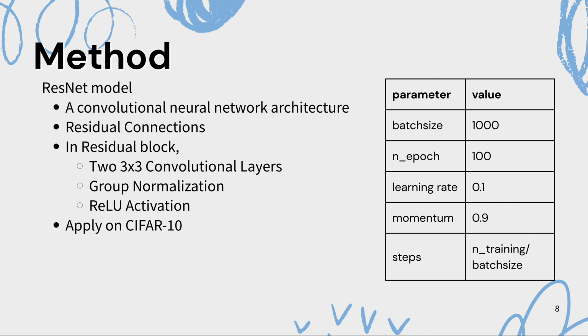We also use ResNet models, which is a convolutional neural network architecture that incorporates residual connections to enable deeper and more stable training. Each residual block consists of two convolutional layers, both using 3x3 kernels, followed by group normalization and ReLU activation functions. These models were applied to the CIFAR-10 dataset, which includes color images classified into 10 categories.